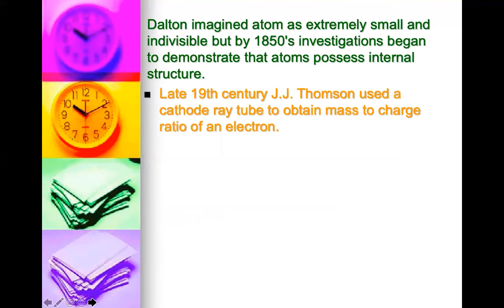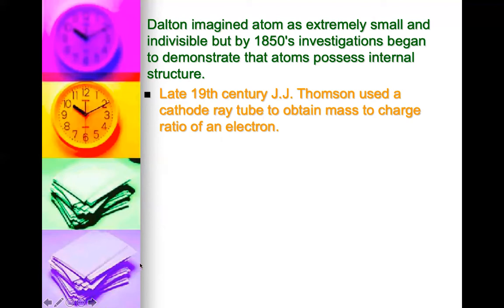Okay, now we move on to the next scientist, J.J. Thomson. So Dalton imagined that a compound is a combination of atoms. He found out about small, tiny particles called atoms, and you know about his postulates.